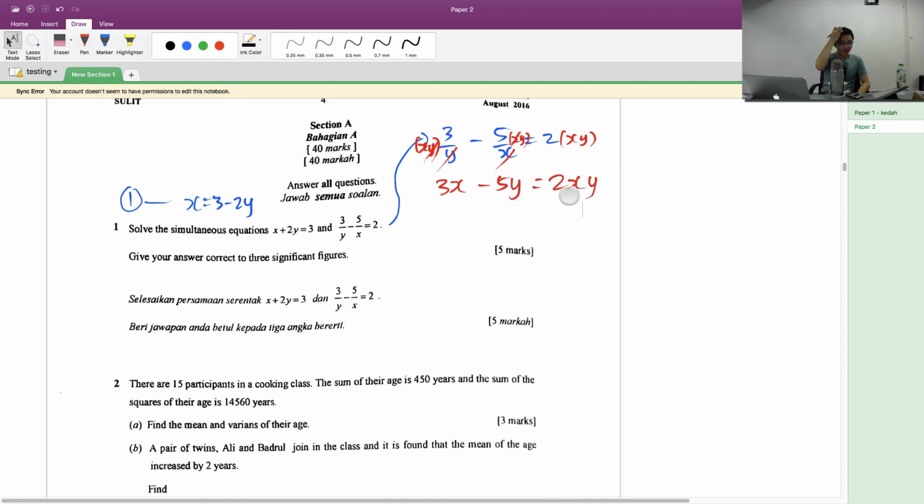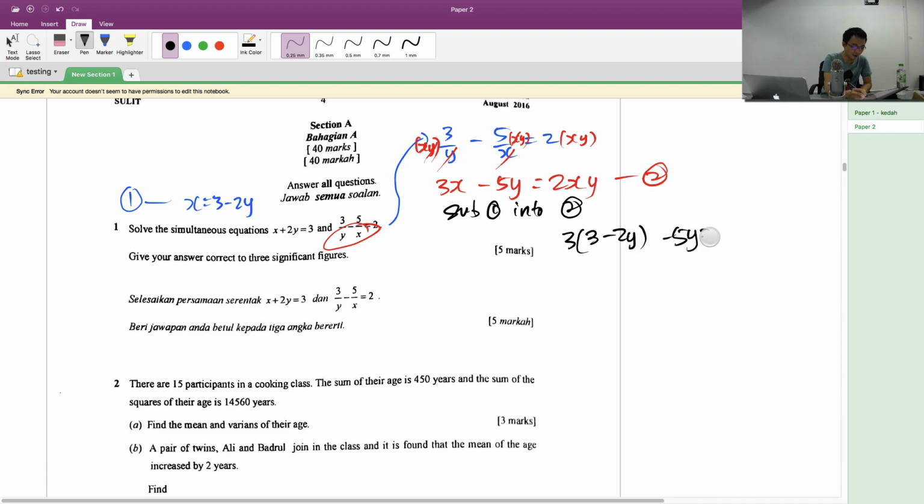Then I can straight away solve the simultaneous equation. I mean, I can get rid of the fractions, because I just do not like fractions. Alright, so I will call this one the second equation. Then I will substitute the first equation into the second equation. So all my x will change to 3 minus 2y. So this will be 3 minus 2y minus 5y equals 2 times (3 minus 2y) times y.